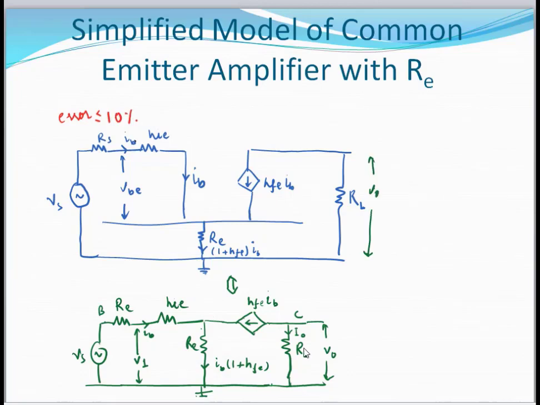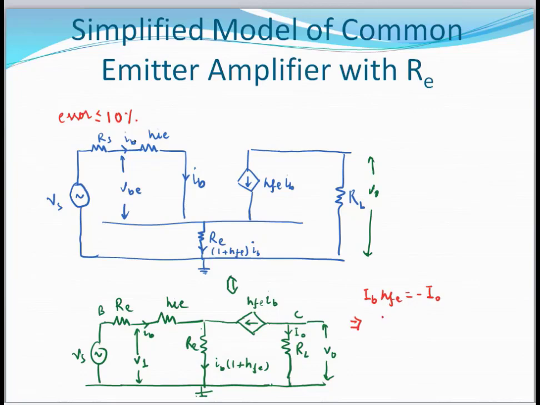From the figure we can see that this output current I naught is flowing opposite to the direction of HFE IB. So we can write HFE IB is minus of I naught.